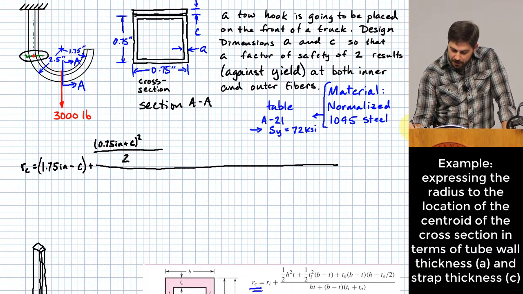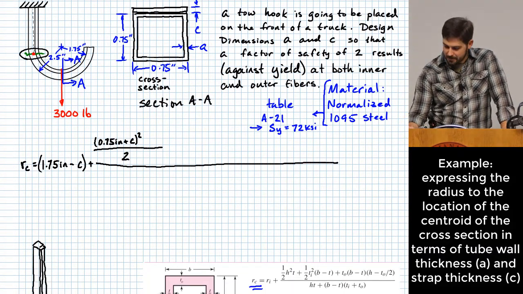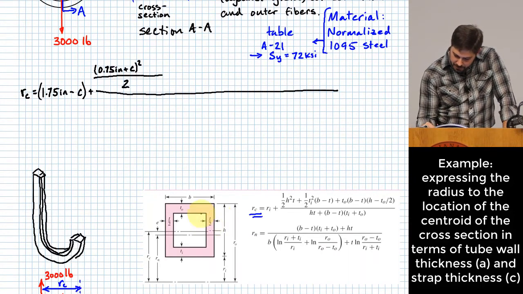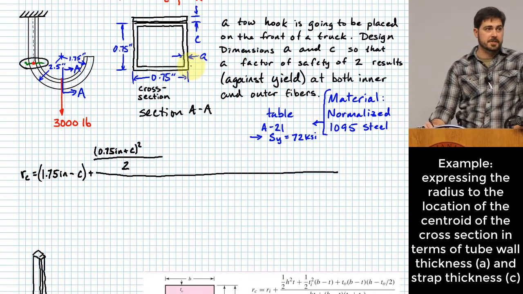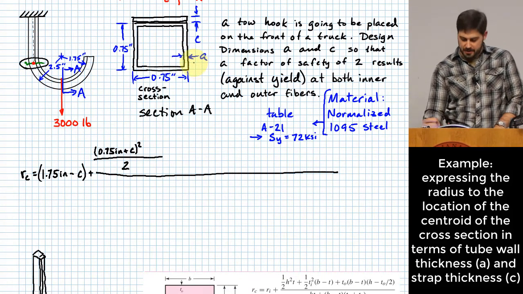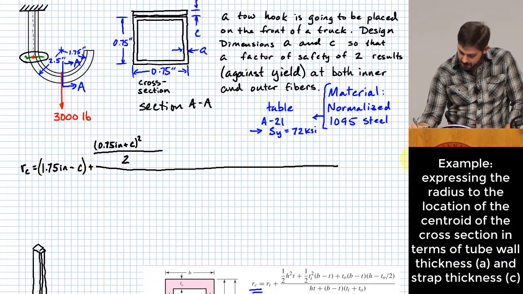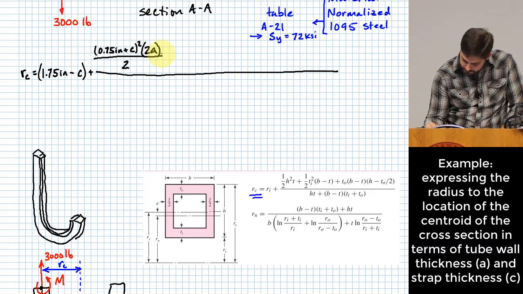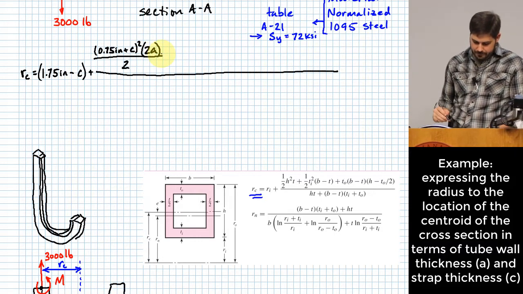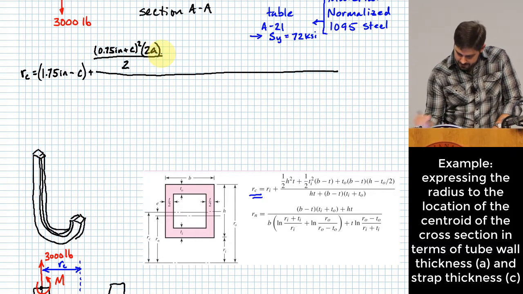T over 2 is A, because it says here T over 2 is this thickness right here, and that is the A value I have for my wall thickness of the tube. So it's going to be 2A, not just A. All right, so far so good?